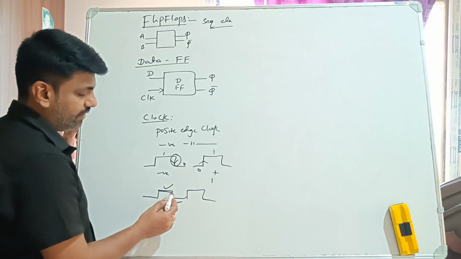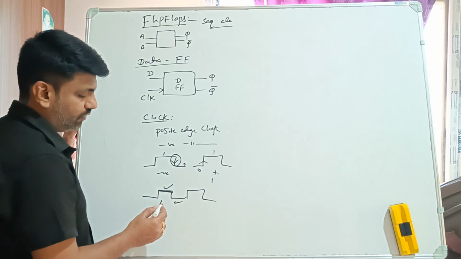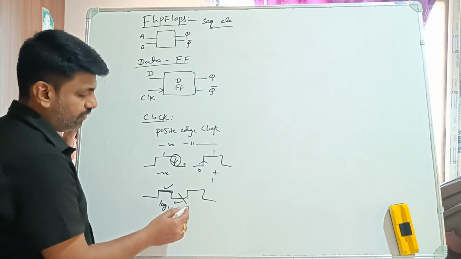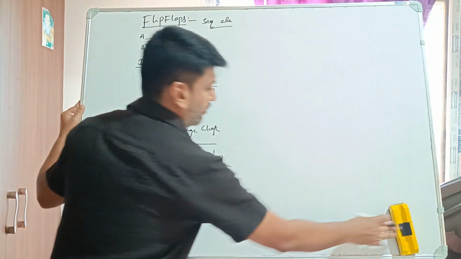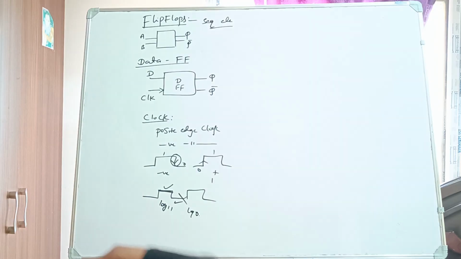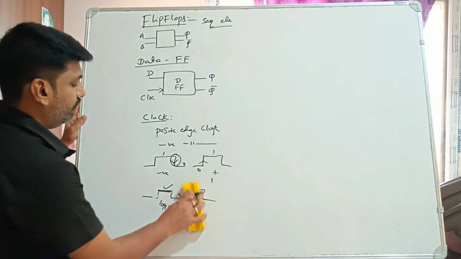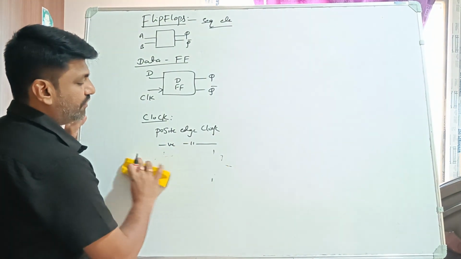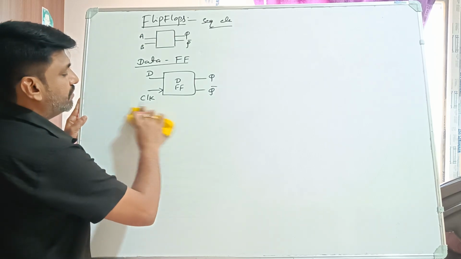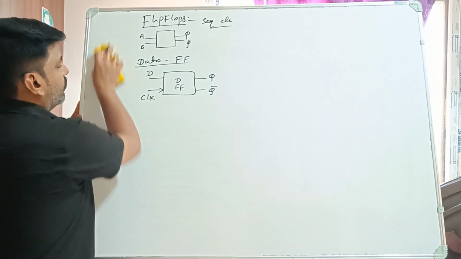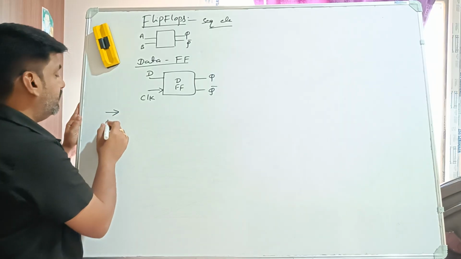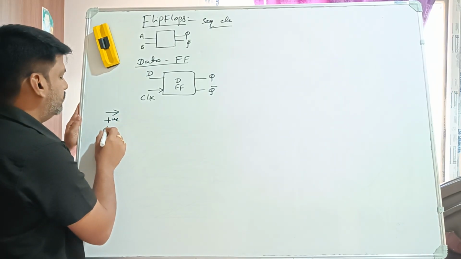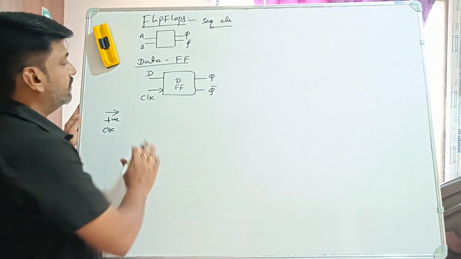When it is level, the highest level is logic 1 and the lowest level is logic 0, right? So that's what you should understand about the clock. Then after the clock, since it is a sequential circuit, we should give the timing. So if the symbol is like this, it is a positive clock, right? So that is the first thing.